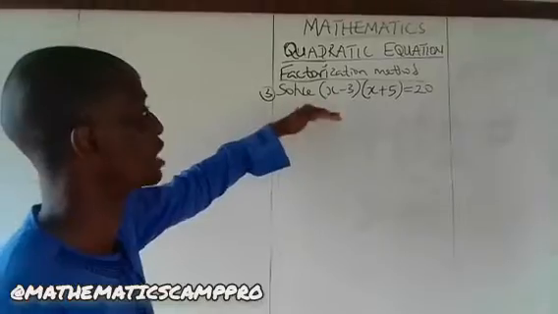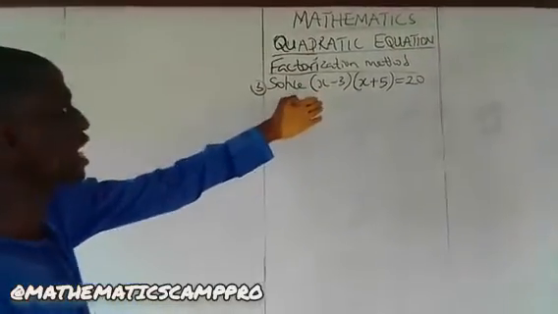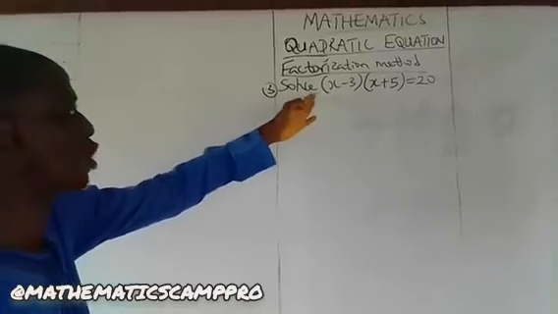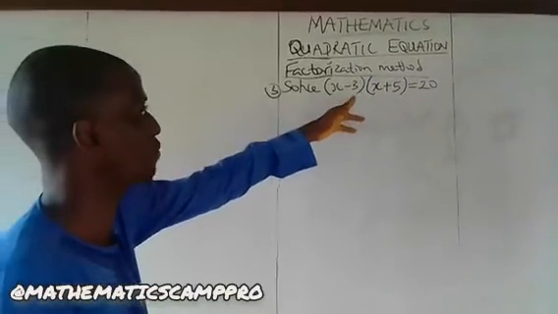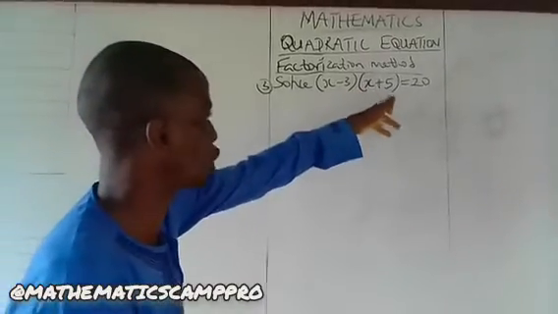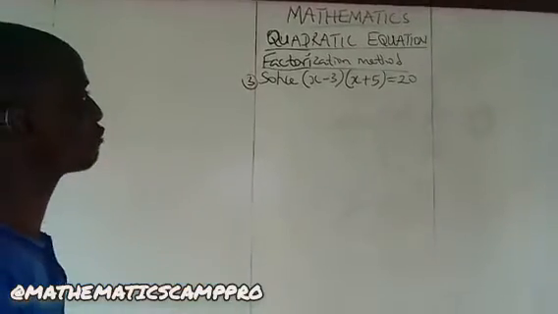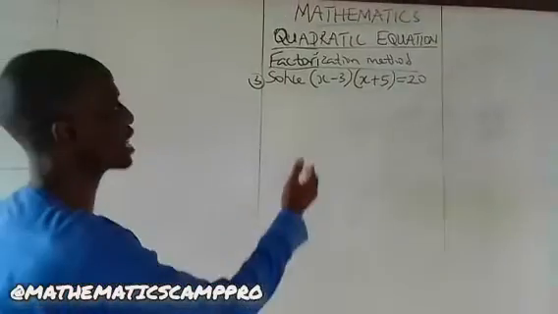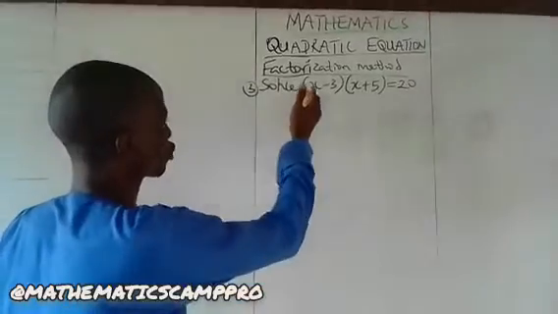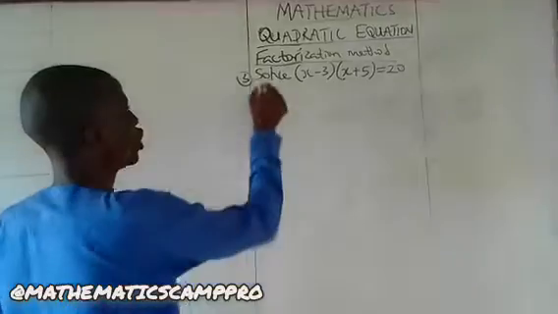I want you viewers at home to pay rapt attention. They said we should solve open bracket x minus 3, close the bracket, open another bracket x plus 5, close the bracket, equals 20. How are you going to solve this, viewers at home? The first step is to expand this bracket. Now solution.